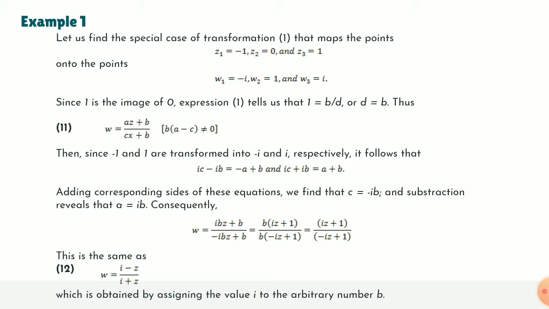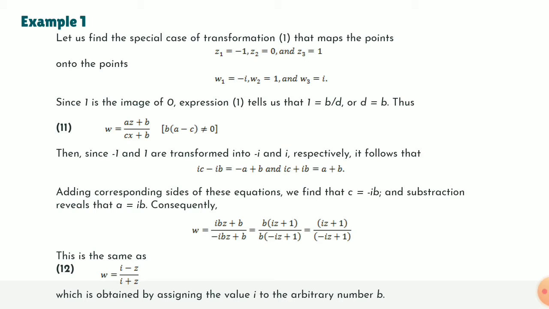Then, since -1 and 1 are transformed into -i and i respectively, it follows that ic minus ib is equal to -a + b, and ic + ib is equal to a + b. Adding corresponding sides of these equations, we find that c is equal to -ib, and subtraction reveals that a equals ib.